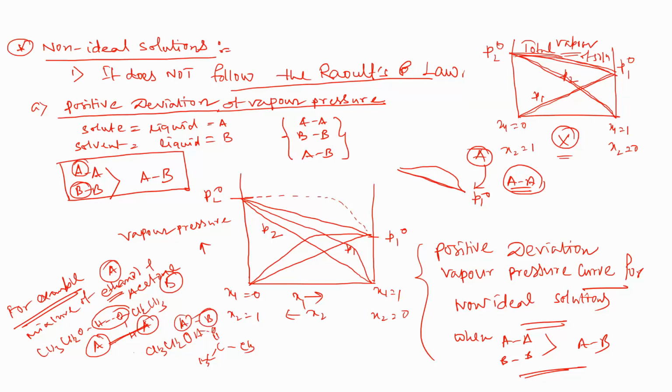So the AA interaction is higher than the AB interaction, and that's why it shows the positive deviation. And then the Raoult's law curve will be like that. So this will be the exact curve when positive deviation happens for a non-ideal solution.